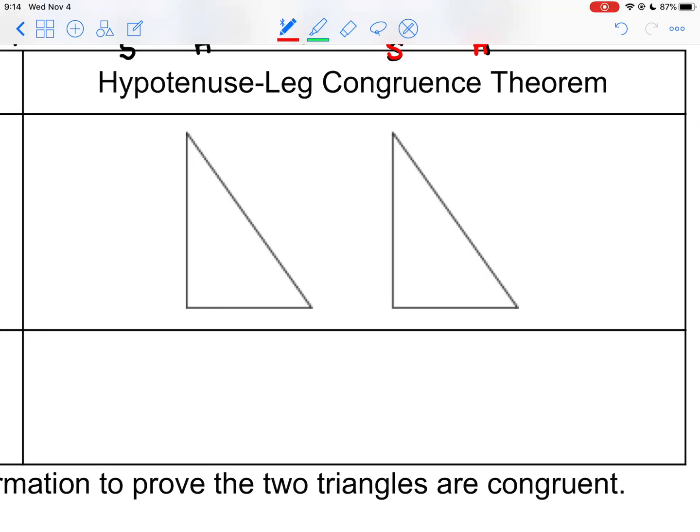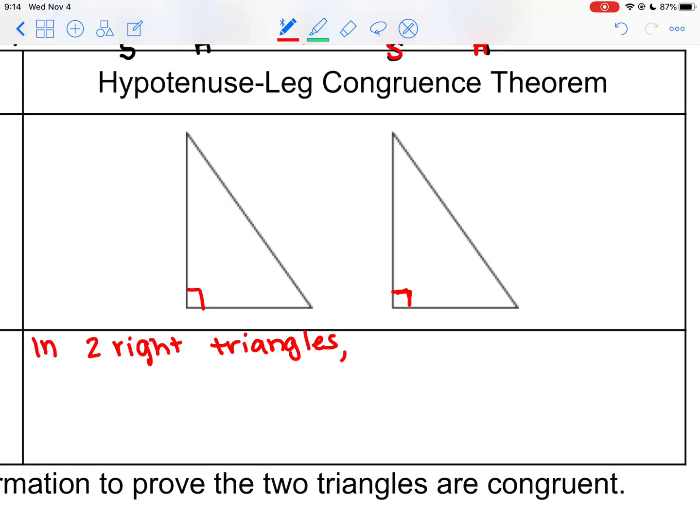All right, so in the hypotenuse leg congruence theorem, in two right triangles, so we need to know that both of the triangles are right triangles. There needs to be one angle that's a right angle in each triangle.